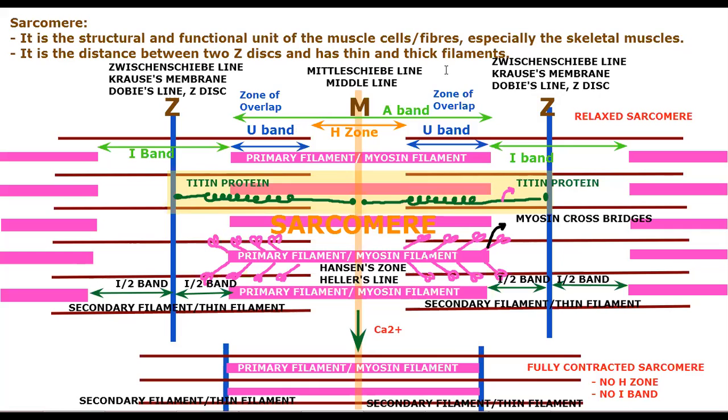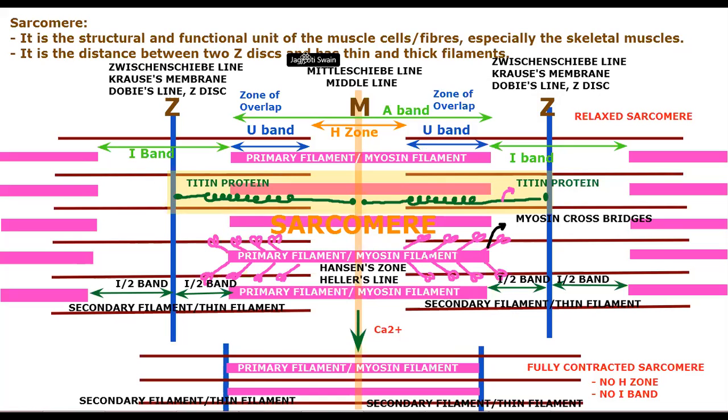Okay. So now what is happening here? The Z discs are pulled towards the M line. And in this case what is happening? In this case the Z discs on both sides have come and joined the M line. Okay, so in case of permanent complete contraction, what will you find?